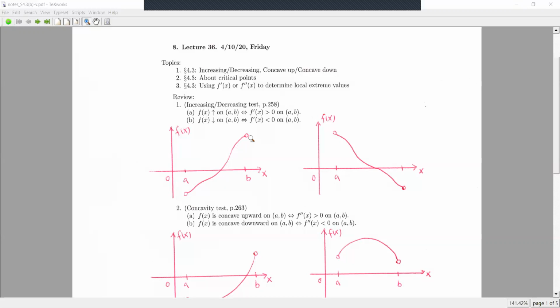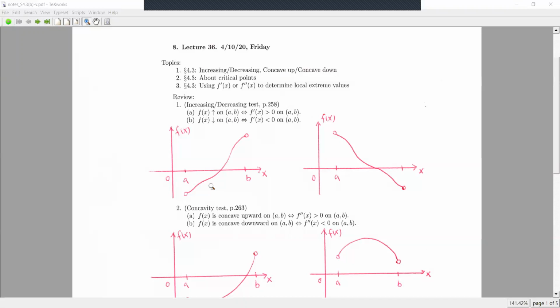I place 2 open dots at the 2 ends of the curve because the interval that I am considering is an open interval. Open interval doesn't contain the 2 endpoints. Therefore, I place 2 open dots at the 2 ends of the curve.